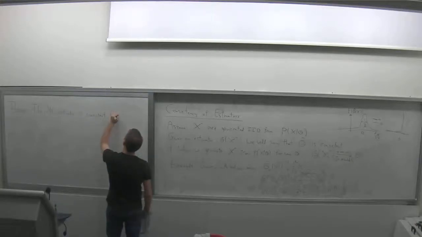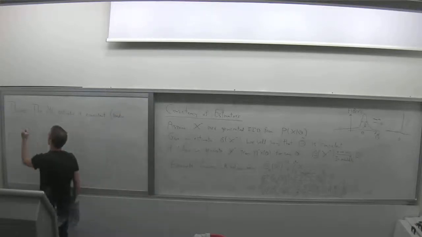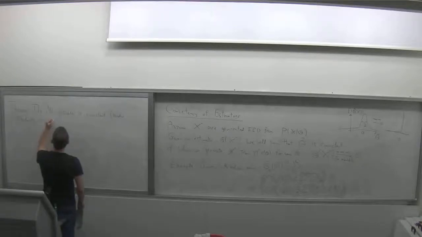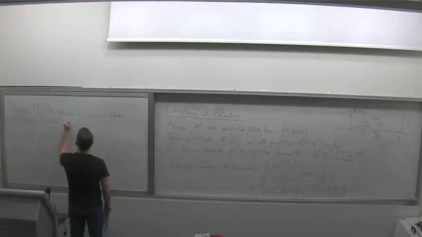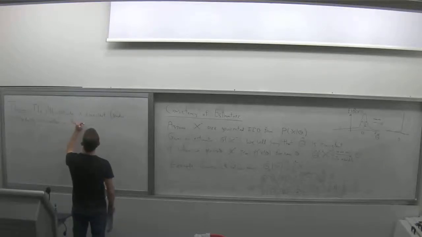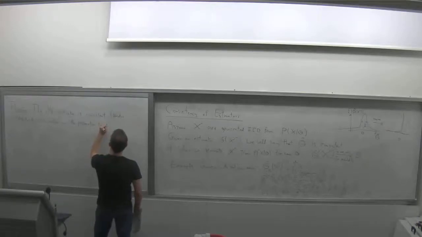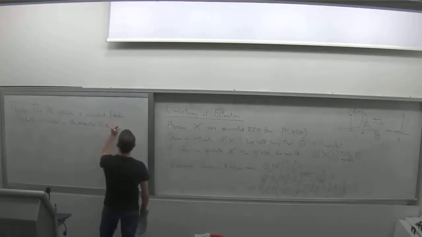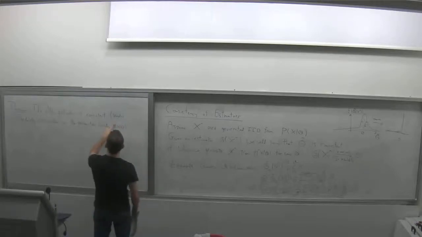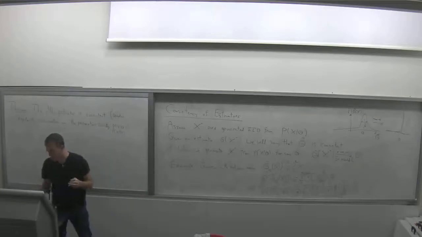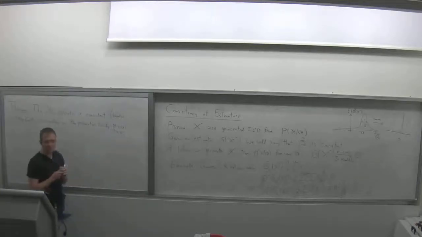It's under regularity assumptions or conditions on the parametric family, P of x given theta, or F of x given theta, depending on whether your variable is discrete or continuous.